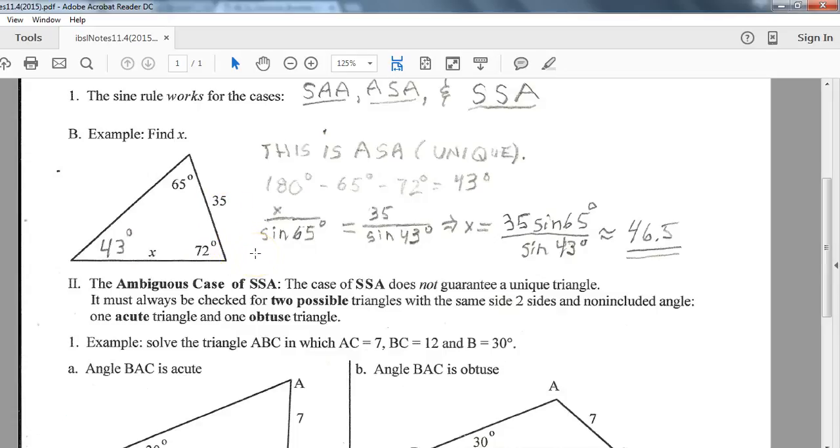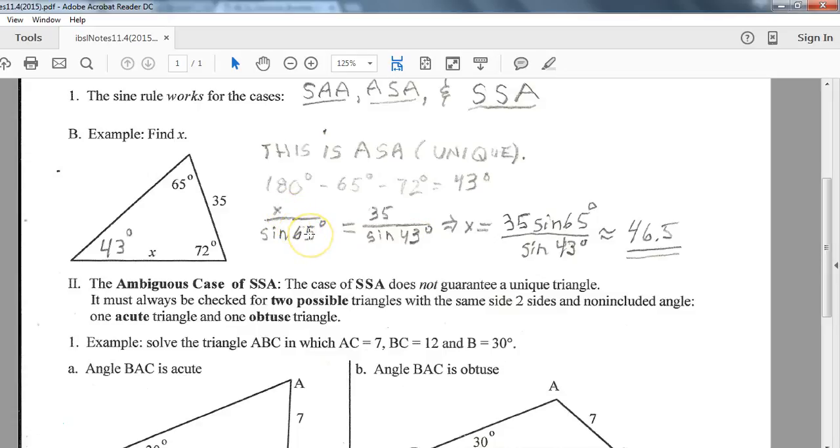So in this case, keep in mind this is not a right triangle, and so this is why we need things like the sine rule. You can't use SOHCAHTOA if it's not a right triangle. So if we go ahead and set up our proportion, I have a known ratio. This is my complete ratio right here, where I have a side and an angle across from it, and then on the other side, I have a ratio with an unknown.